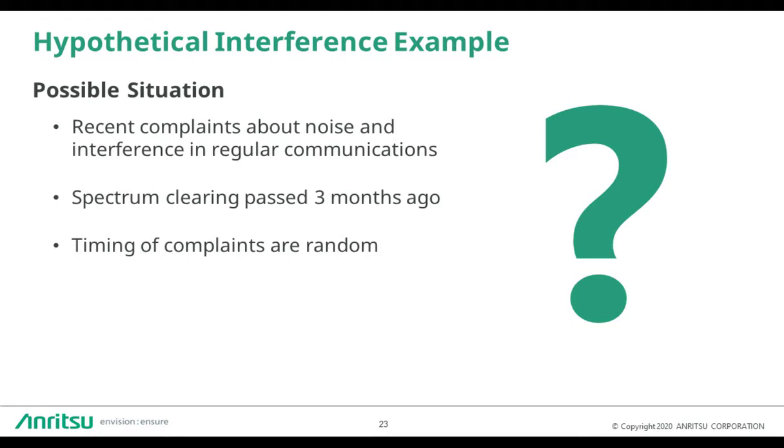So I'm going to go through and talk about a hypothetical example just to show you the power of a tool that can capture IQ and do some playback. This is a possible situation where you have charge over a specific set of spectrum and you are managing that spectrum with transmissions, but you started to get recent complaints about noise interference that's muddling up your communications or causing dropped communications.